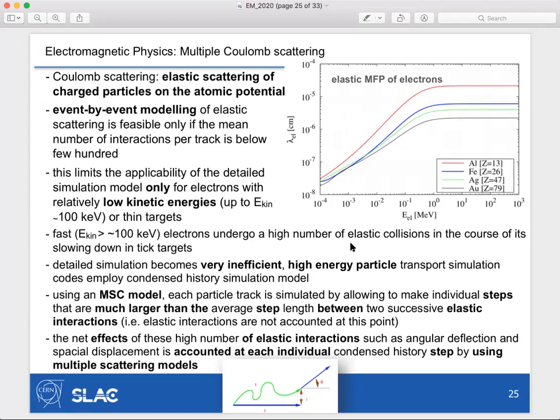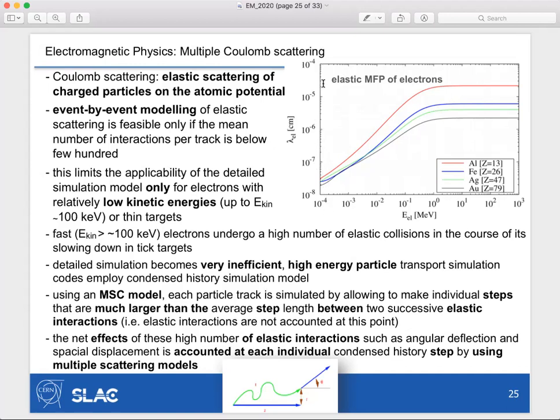Why do we need to use multiple Coulomb scattering? Okay, we don't need to use it. You saw that, for example, the DNA physics that I have been showing doesn't use multiple Coulomb scattering. It will model each individual Coulomb scattering of an electron. Let's see on the right, I show the plot.